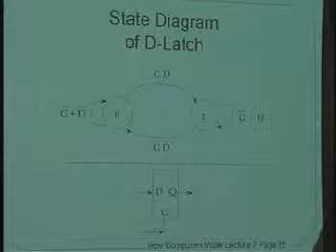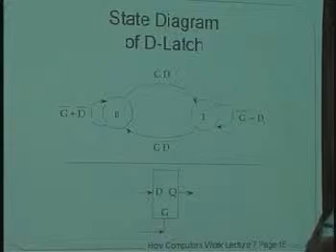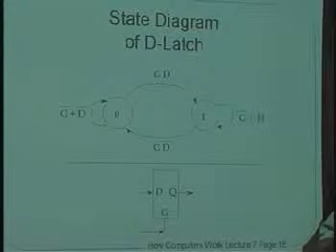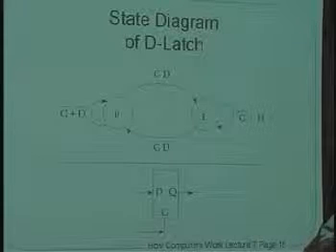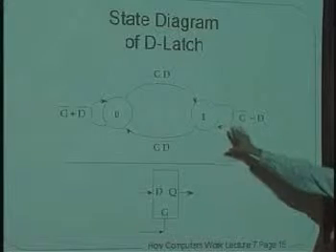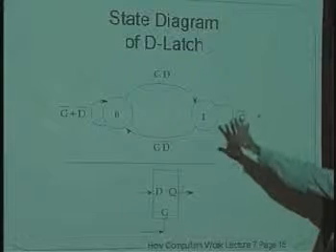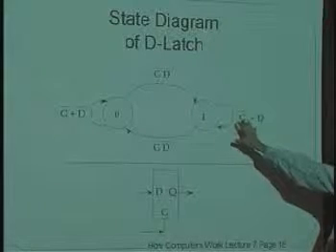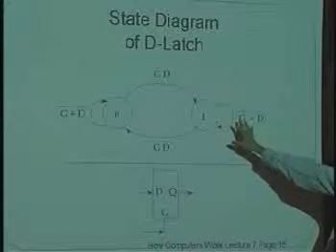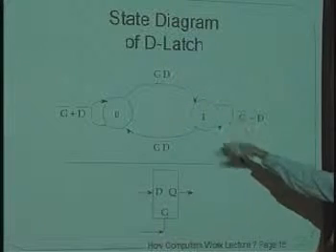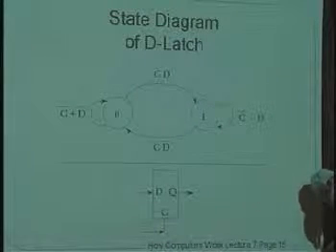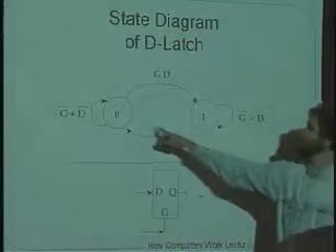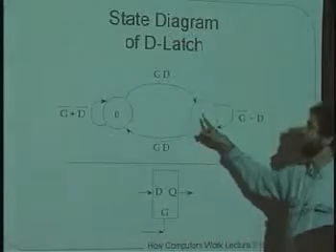Okay. The state diagram for a latch looks like this. Now, this is a state diagram that is different than the ones you've seen before. It looks the same, except the difference is that this one has no clock. Okay, this is what's called an asynchronous state diagram without a clock. And the state that the latch is in is either in a 0 state or a 1 state.